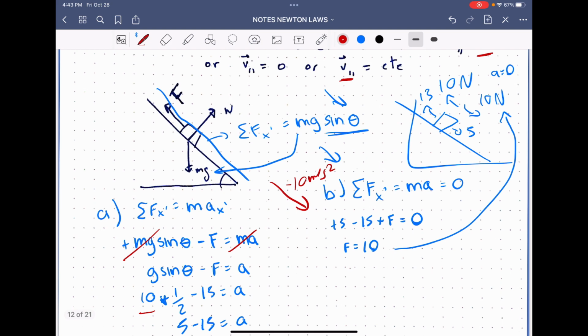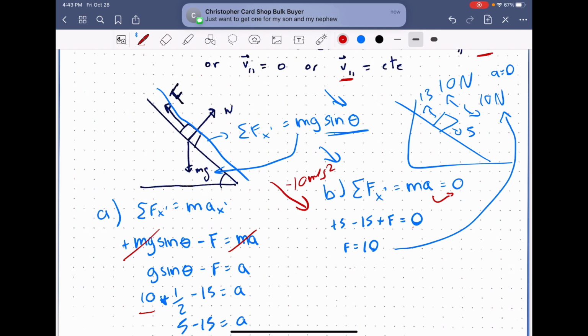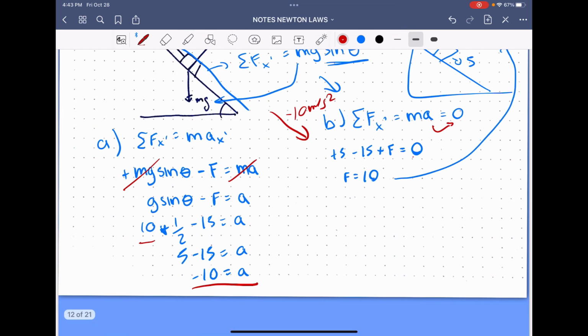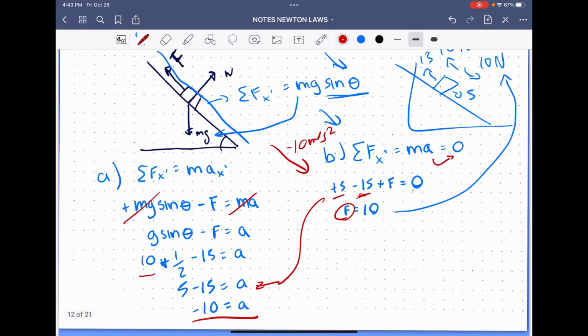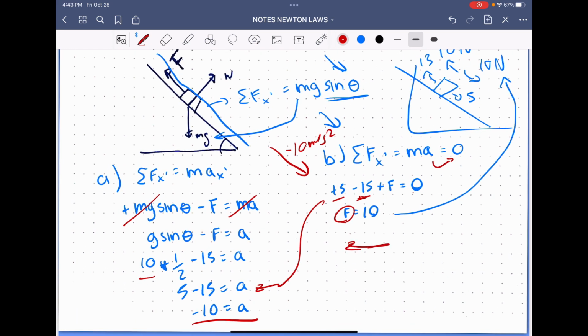It'd be 0 because even though mass is not 0, acceleration is 0. And then it's just the sum of the forces. So we have plus 5 from this equation, minus 15, plus F, and then we just solve for F to find the force needed to have equilibrium, which would be equal to 0 at the end.